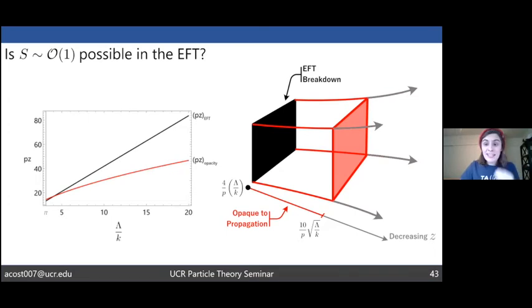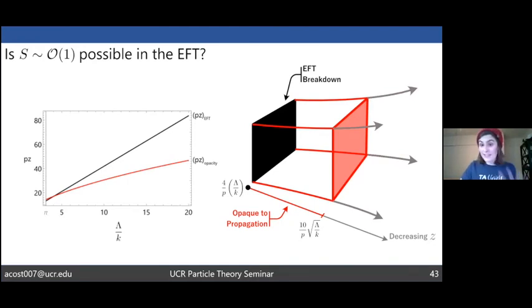The PZ for which the propagator becomes exponentially suppressed is in red, and the PZ for which the EFT breaks down is in black. We can see that for lambda over K not near the minimal value, the red always happens far beyond the black.